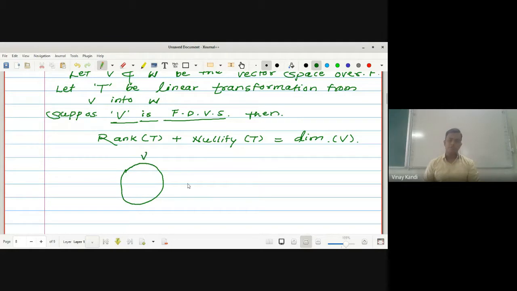Domain V, and this is the transformation T from V to W. Okay, and nullity of T means what? Null space is the subspace of our domain.